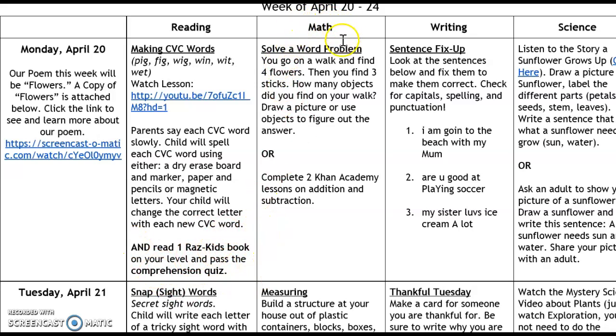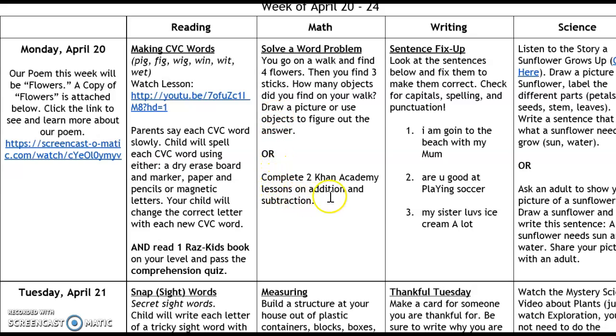For math, we're going to solve the word problem here. And remember, we're solving word problems using 3 different ways. We're using objects, we're using the number line, and we're writing the equation. So if you haven't looked at my screencast about how to do addition and subtraction in kindergarten, I suggest you go back to that.